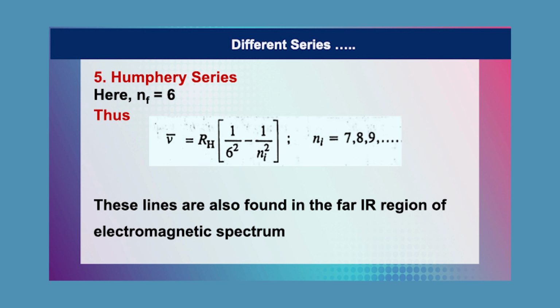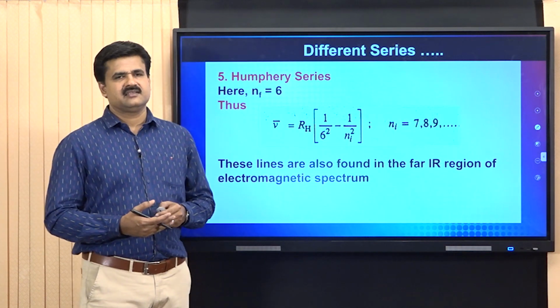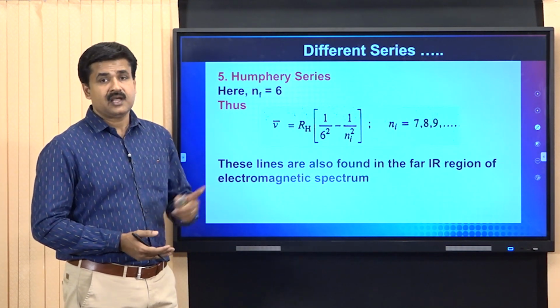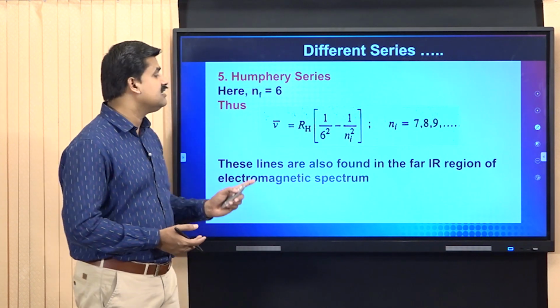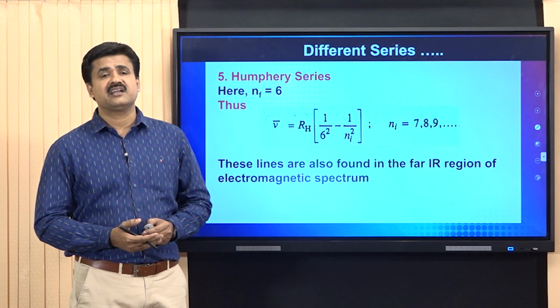Here ni is equal to 7, 8, 9, etc. The lines of the Humphreys series are also found in the far infrared region of the electromagnetic spectrum.